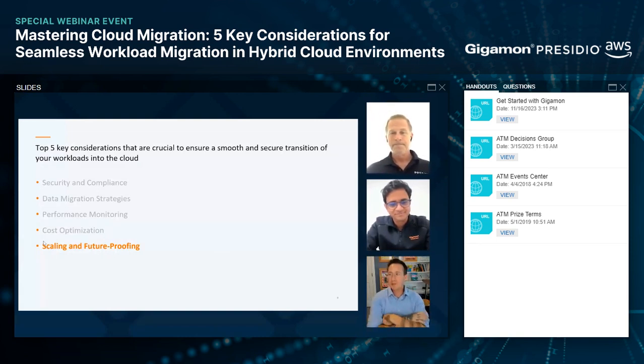Well, I'm going to link it back to the previous topic. Modernization, in my mind, is the future proofing of cost optimization. There's only so much we can do by turning things off. There's only so much we can do by optimizing using RIs and savings plans, things like that.